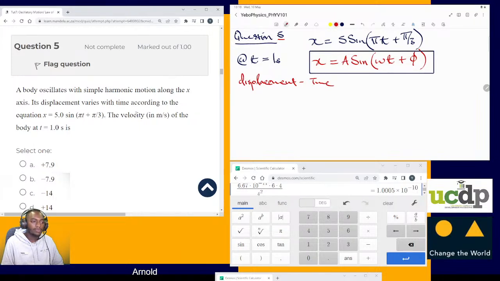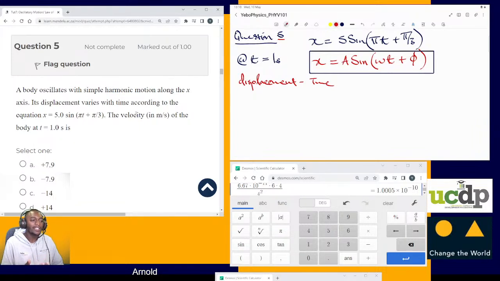From your knowledge of kinematics, given a displacement time graph, you are able to determine the velocity by differentiating the displacement time equation.